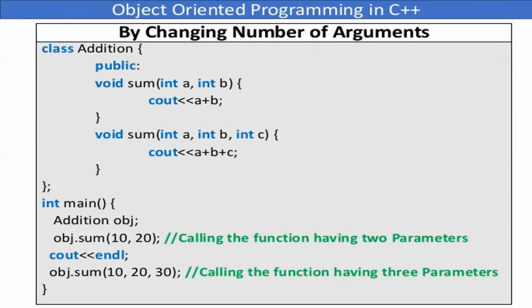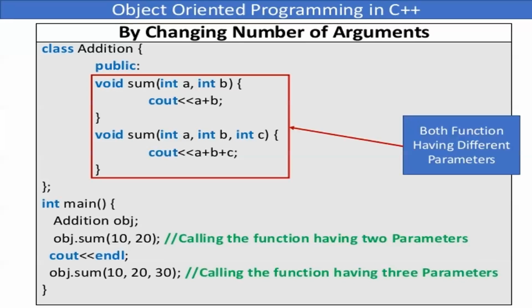Now this is an example, children. Look here. Name of the class is addition. In public I have two functions, same name, that means sum and sum, overloaded. Return type of both is the same, but they are overloaded. Why? Because they have different parameters.